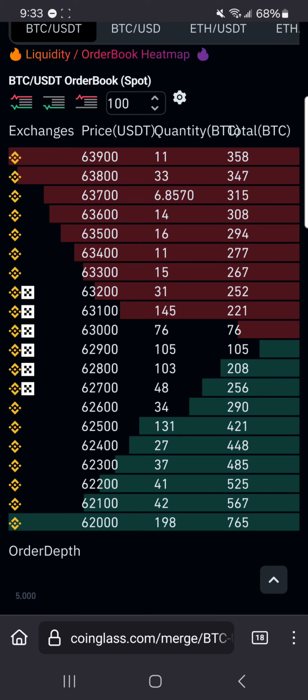Usually, lately, there's been a lot of selling. So it's kind of strange. It's about double the buys as opposed to the sells. Additionally, a lot of those buys are down at 62,200 Bitcoin worth.